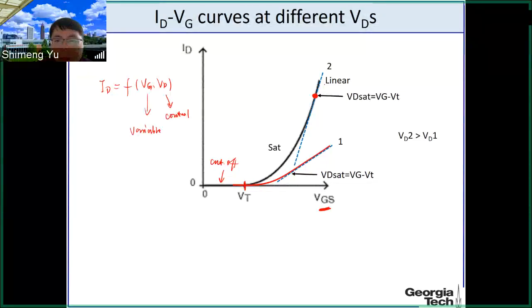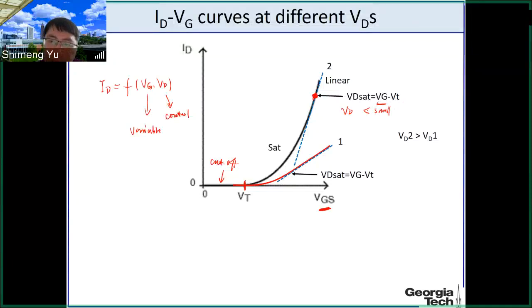Why? From the VT to this turning point, we are increasing the VG. That means the VG is sweeping from small to large. Initially, the VG is small, so VG minus VT is smaller than this VD.